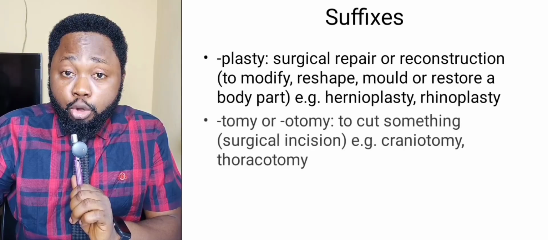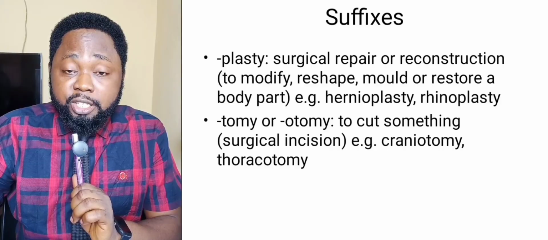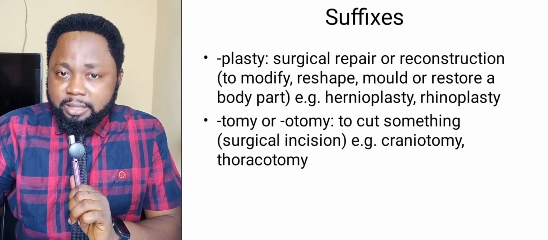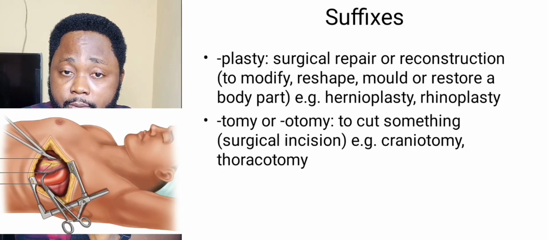Tomy or otomy means to cut something or to make a surgical incision. Examples include craniotomy, which means to make an incision on the cranium; thoracotomy means to make an incision on the thorax.